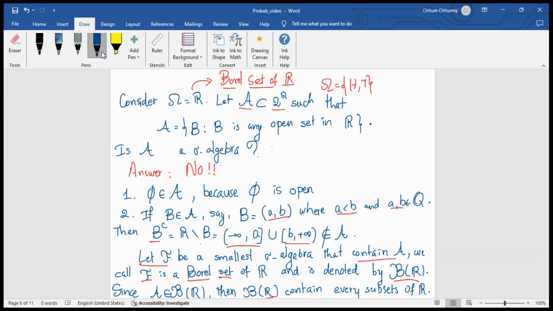That example started from a random experiment, flipping a coin one time, and in that experiment we get the sample set omega, which is equal to {H, T}. So it is a kind of discrete set.